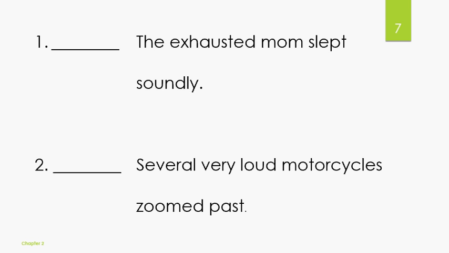All right, we're going to go to the next set of questions. The exhausted mom slept soundly. Who slept soundly? Mom. Subject, noun. What is being said about mom? Mom slept. Verb. Slept how? Soundly. Adverb. What kind of mom?